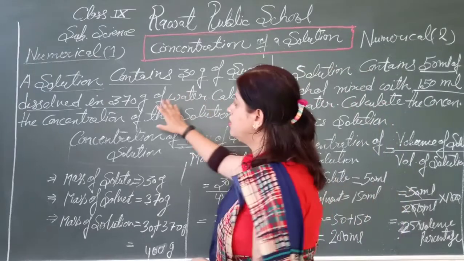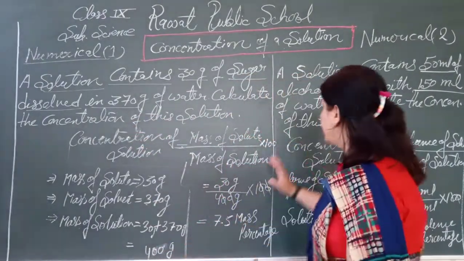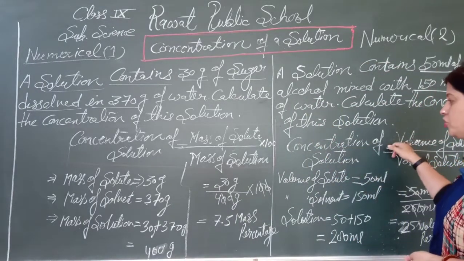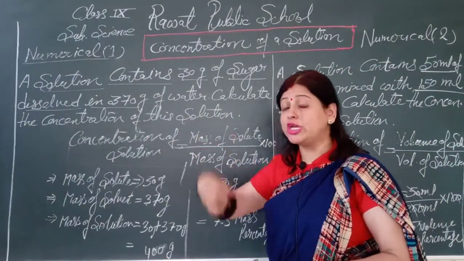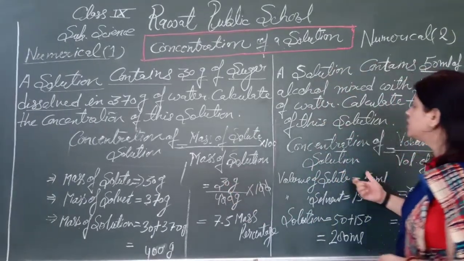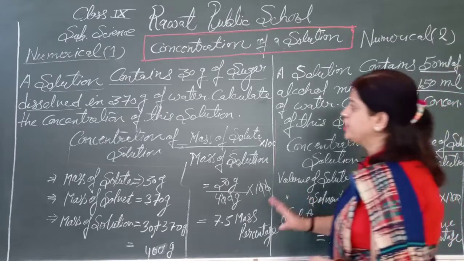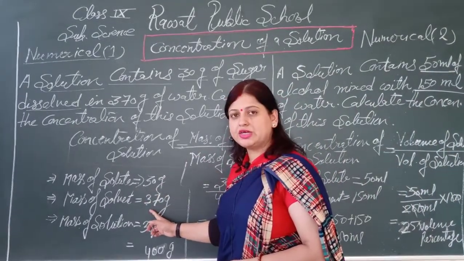So students, again I revise this. This is the numerical based on the concentration of a solution in volume and mass. When our solute is in solid form, we can use this formula, and when our solute is in liquid form, we can use this formula. Here the solute is given as 30 gram, and solvent 370 gram.